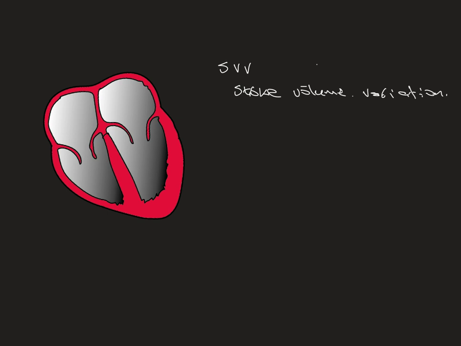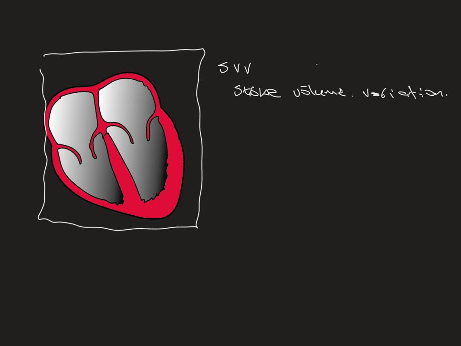So just to help you understand this, the heart is basically enclosed in the thoracic cavity, okay? And what happens when you breathe in is that the pressure in the thoracic cavity drops, which draws air into your lungs, okay?